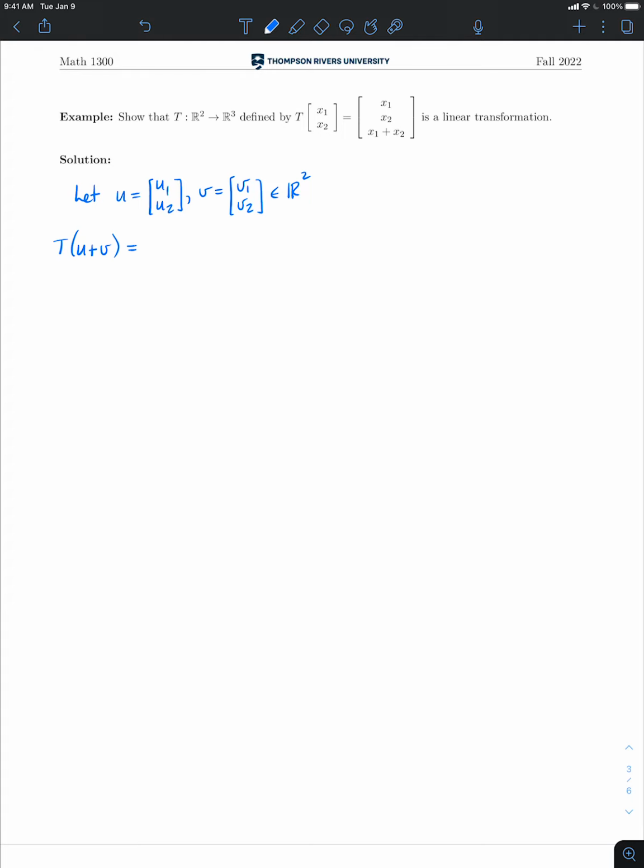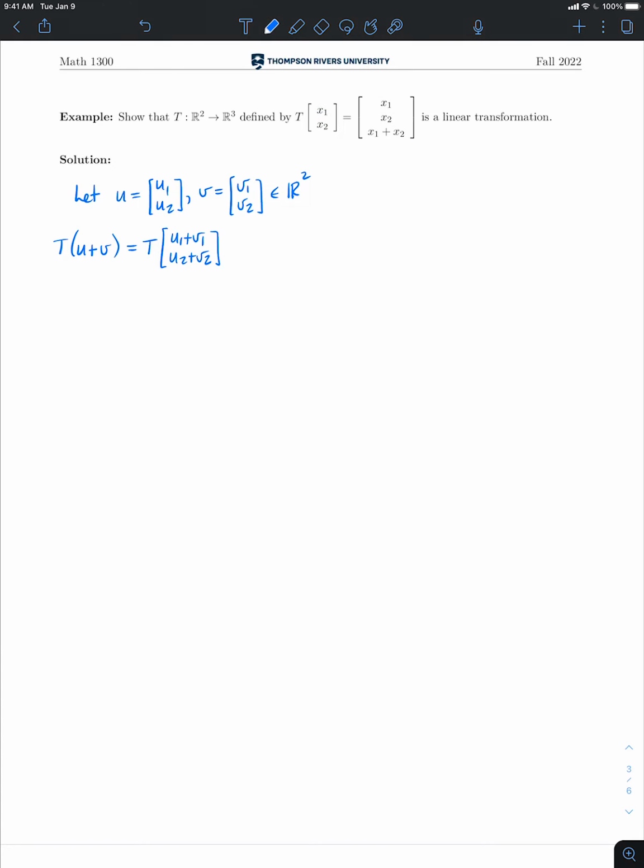Okay, so let's start by adding the vectors u and v together. So we'll have u1 plus v1, u2 plus v2. And note, I haven't even really looked at this yet because I don't need to until now, but now I do because I want to actually apply t to the result of this addition. So let's take a look at what happens. It looks like t, for the first two coordinates, just takes a copy of the two coordinates of the input vector, but then for the third coordinate, it takes the sum.